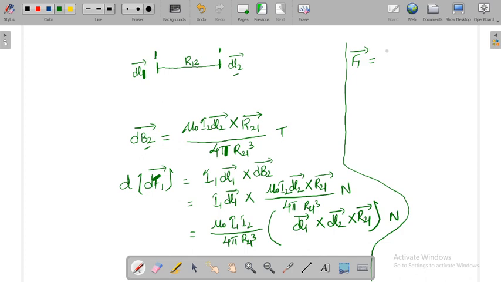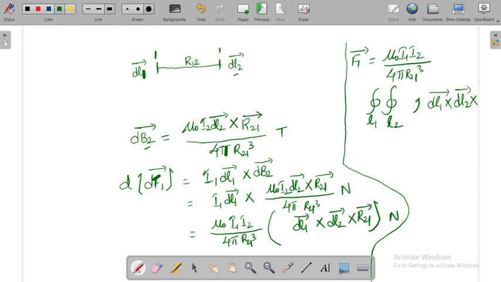So it is mu naught I1 I2 divided by 4 pi r21 cube as it is, with a line integral over L1 and another line integral over L2 of dl1 bar cross dl2 bar cross r21 bar.